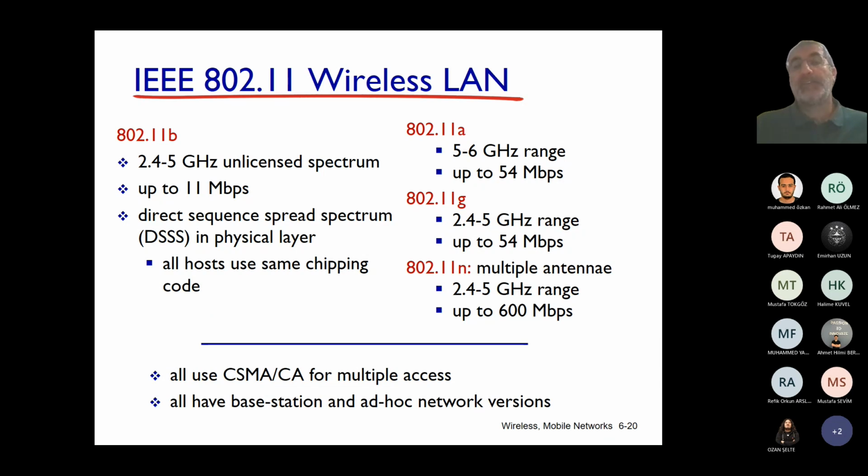It has different standards, starting with 802.11b. Some of the features of these standards include dual band that operates in both 2.4 gigahertz as well as the 5 gigahertz unlicensed spectrum. When we say unlicensed, you don't have to pay any money as a user for this spectrum.